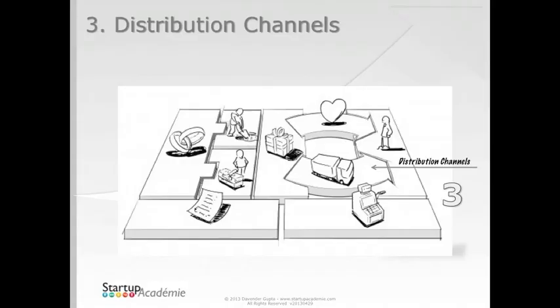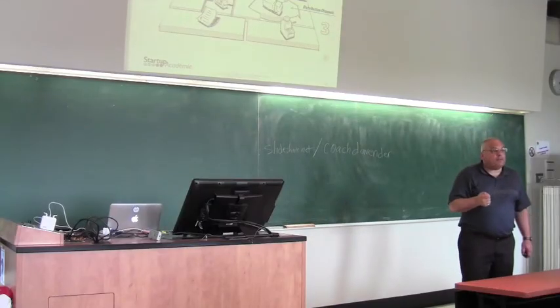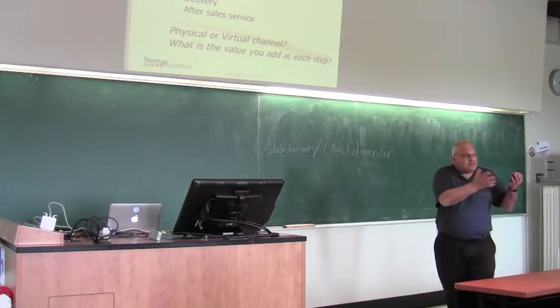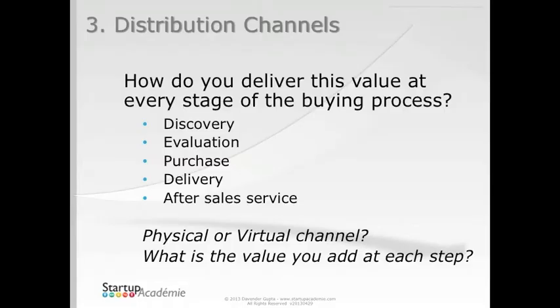So as we go into the distribution channels, if I'm really, really clear about what problem I'm solving, then the distribution channels become a lot easier to define. So how am I going to deliver this solution at every stage of the buying process, from discovery to evaluation, purchase, delivery, all the way to the after-sales service? Am I using physical channels? Am I using virtual channels?